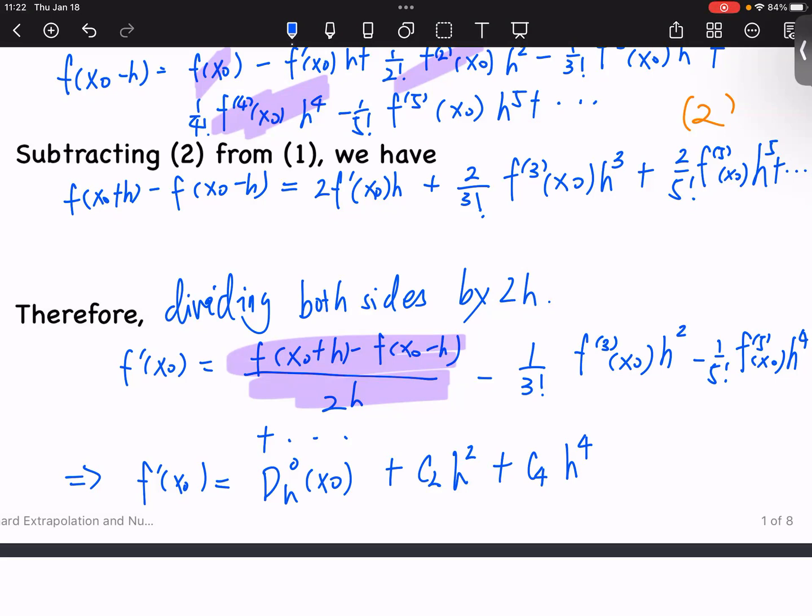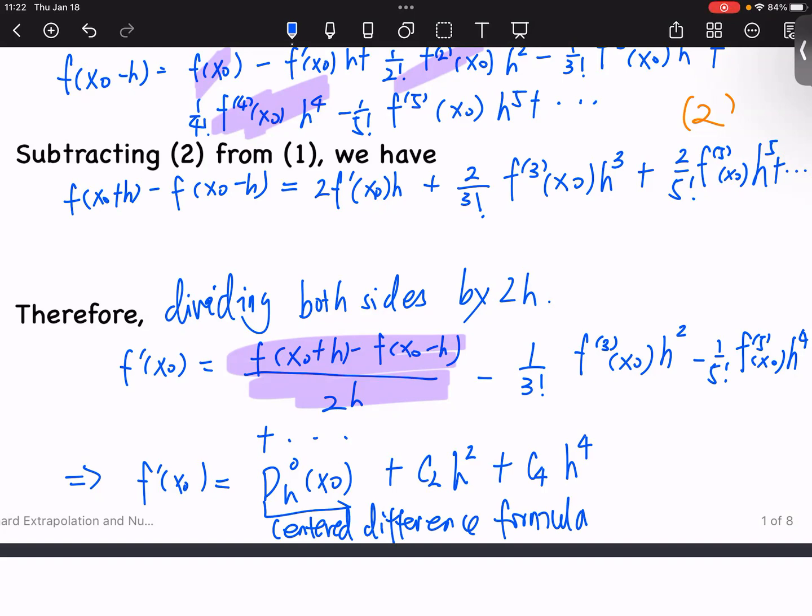I am skipping all the other error terms here because they are dominated by these 2 error terms. So this is the center difference formula, highlighted in the purple area here. I'm replacing the formula with the notations here, and these are the error terms.